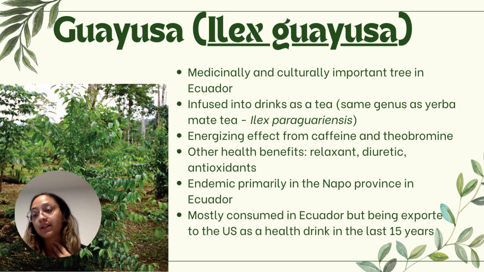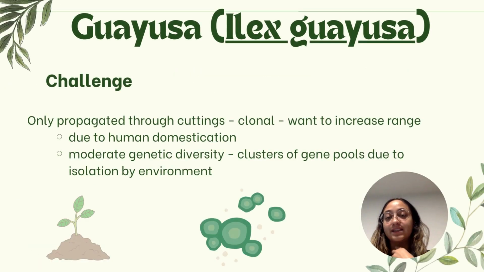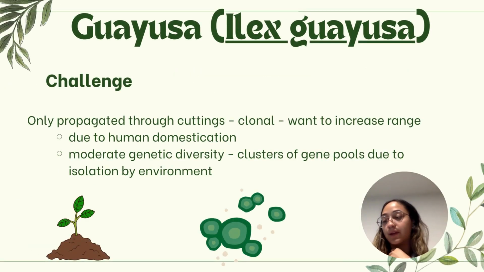It's endemic primarily to Napo province in Ecuador. It had been primarily consumed domestically here in Ecuador, but it has seen exportation to the USA as a health beverage over the past 15 years.